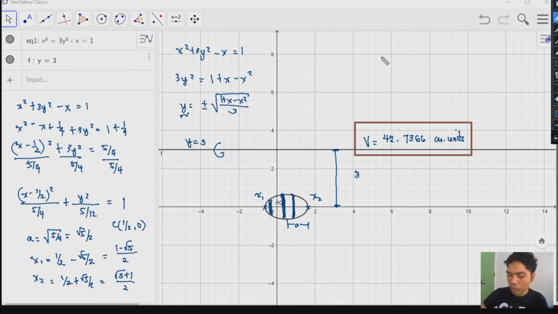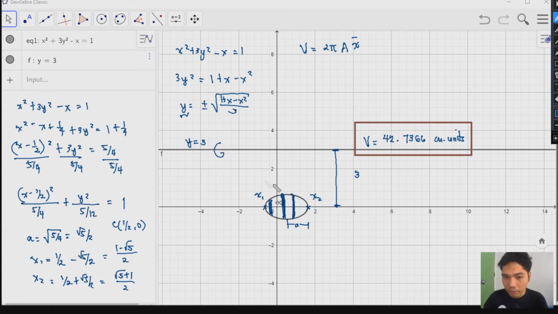Okay, so going back to the idea of Pappus, we could say that the volume is 2 pi, and then that is your area, and then of course the geometrical centroid. So the geometrical centroid is the distance from the axis of revolution going to the centroid of your figure or the surface.